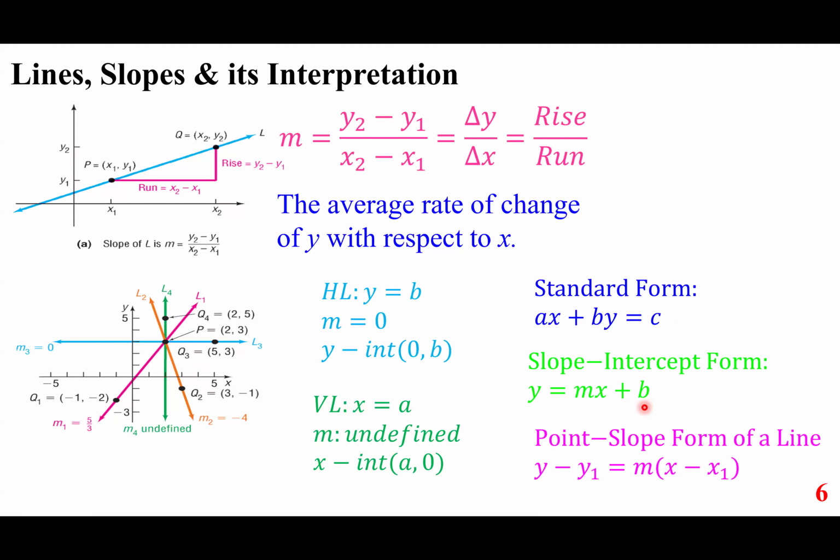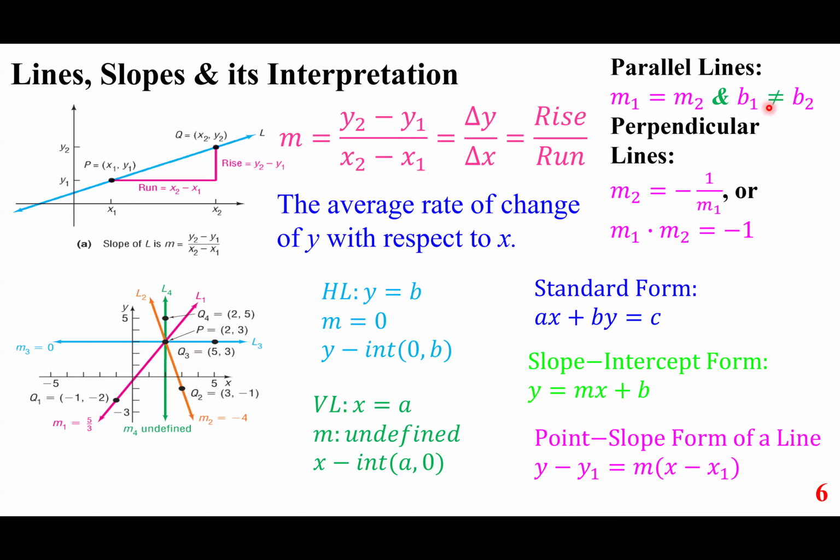Point slope is y minus y1 equals m times x minus x sub 1. Two lines are parallel if they have equal slopes, different y-intercepts. Two lines are perpendicular if their slopes are negative reciprocal of each other. In other words, there are two ways to look at it. M sub 2 is -1 over M sub 1, or their product is -1. This is the synopsis of what we need to know about lines.